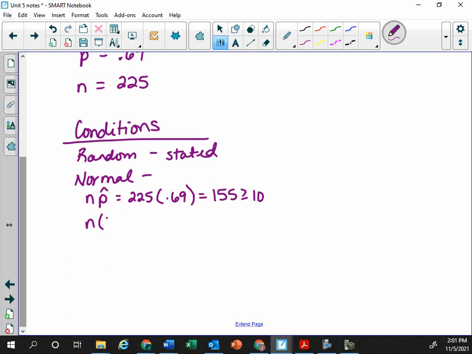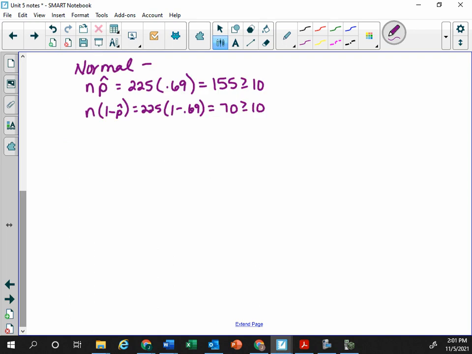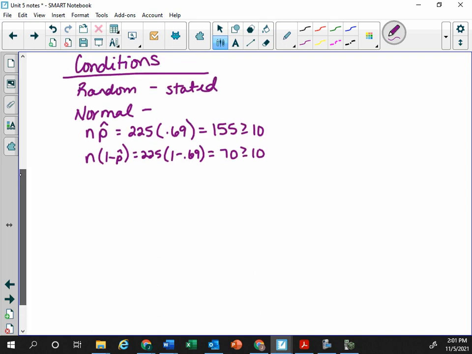Then we show n times 1 minus p hat. 225 times 1 minus 0.69. 70. That's greater than or equal to 10. So we are good on normal conditions. Okay. Now we just have our calculations to do. So it is a z-test, a one-sample z-test for proportions.